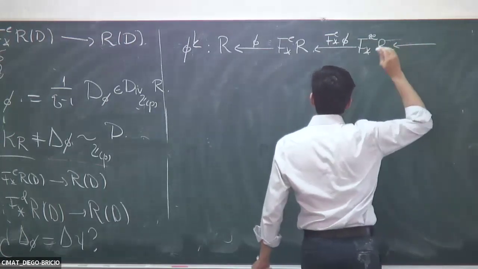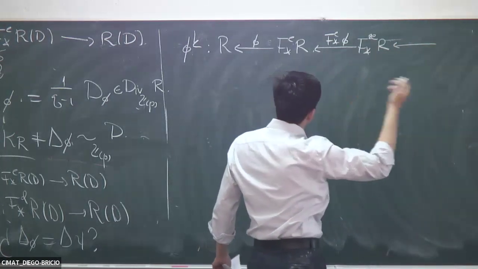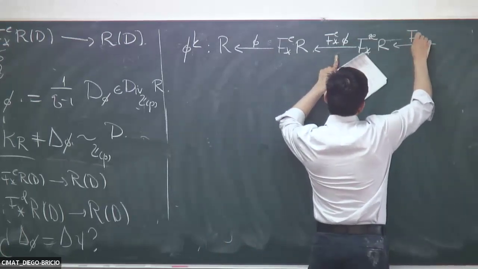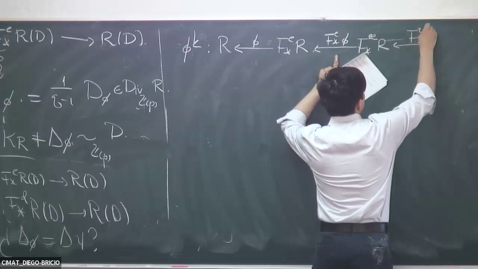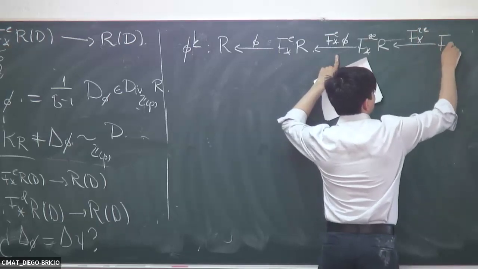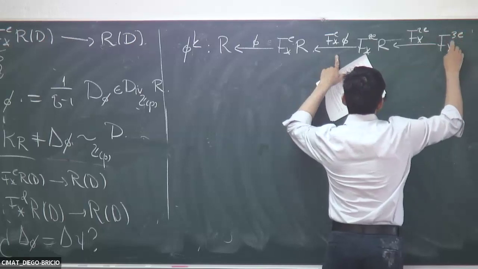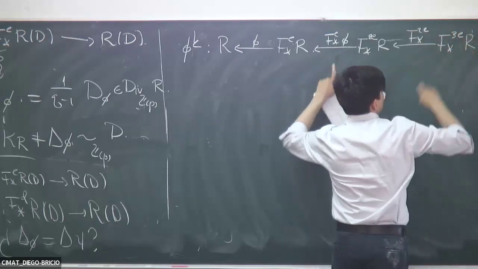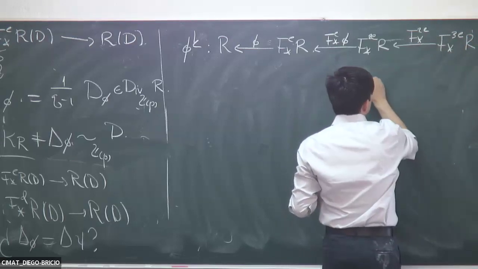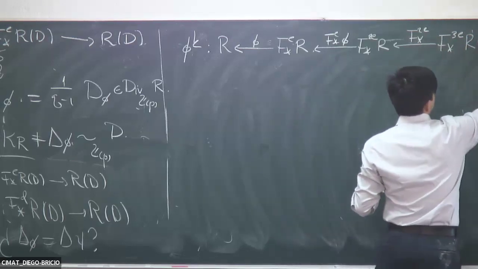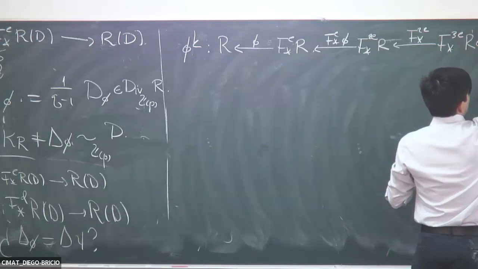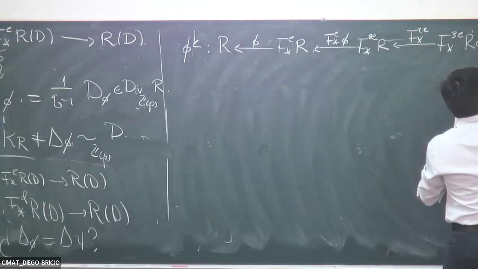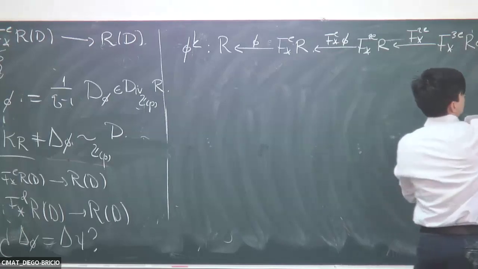Now I can push this forward again. And now it goes from 3E to R. And I can do this until I get to kE to R, sorry.